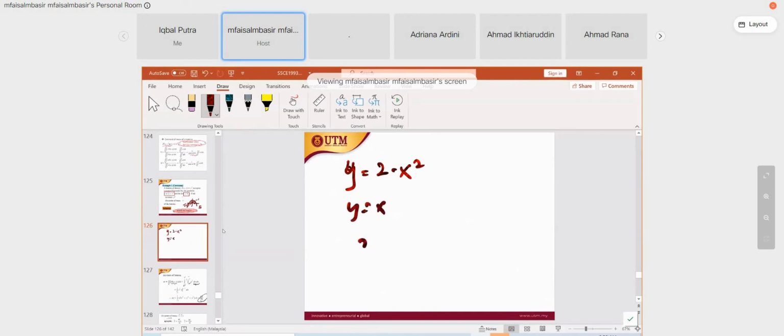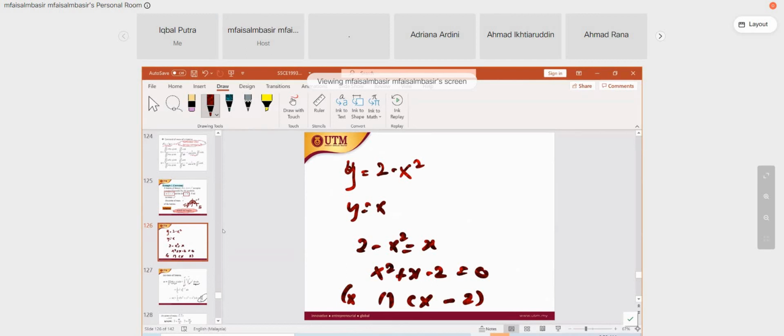I can write this as x squared plus x minus 2 equals 0.